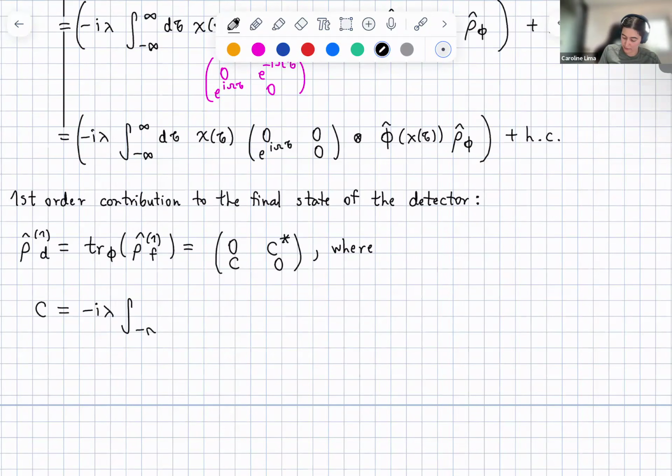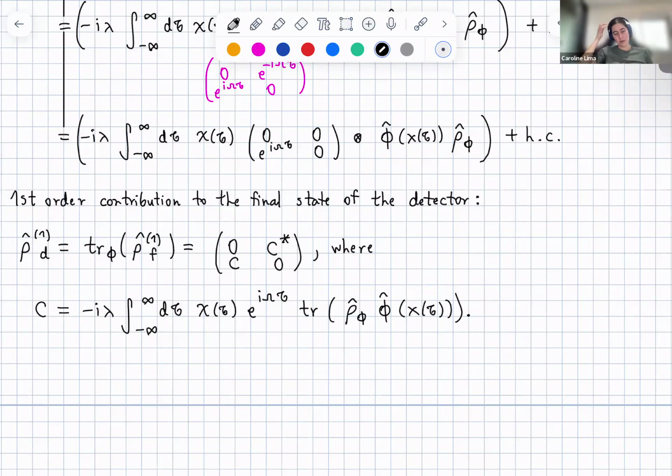So it's going to be minus i, integral from minus infinity to infinity of this times e to the i omega tau. And now finally taking the trace of, I'm going to write in the order that I like more, which is this. As trace is cyclic anyway, it doesn't matter, but that's the order that I like.